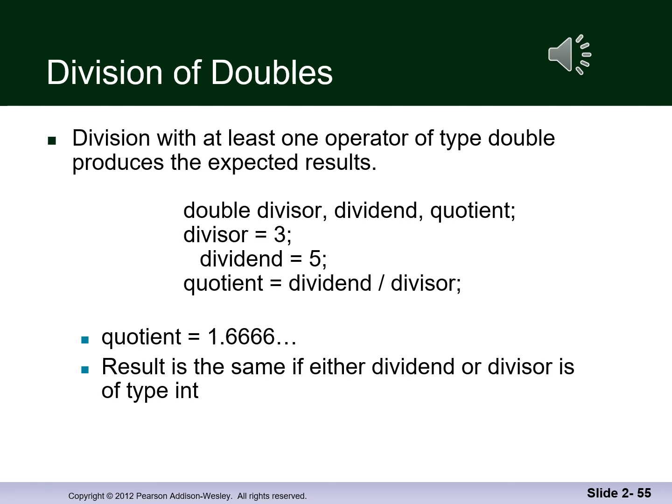Quotient will hold 1.6666. The result is the same if either dividend or divisor is an int. Where you run into a problem is if the dividend and the divisor are ints and you're expecting a double. And just hold on to your seat. We're going to talk about that in great length.